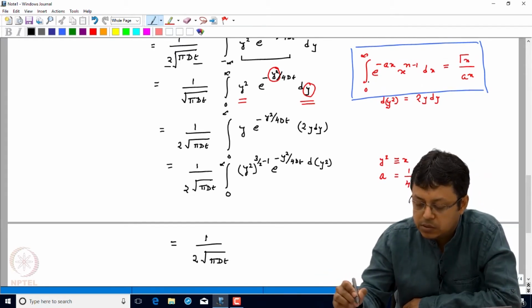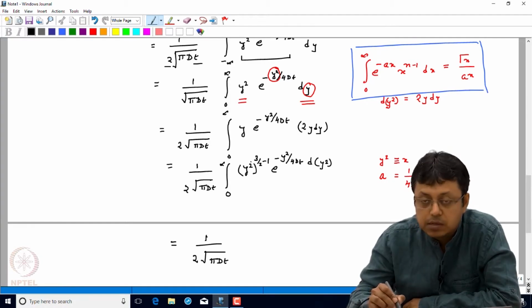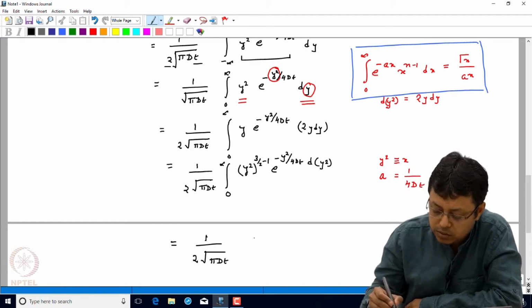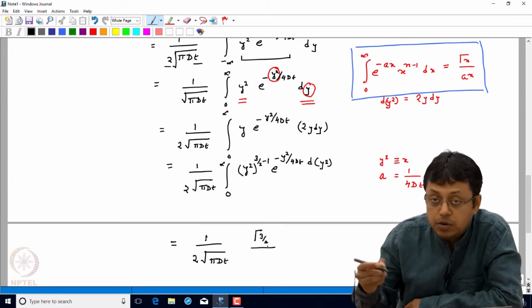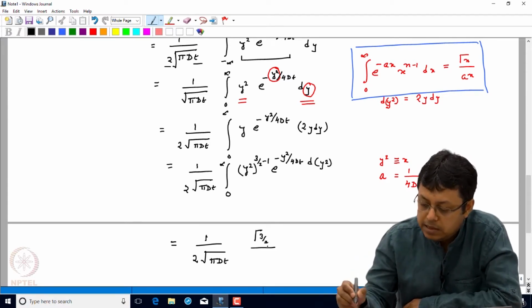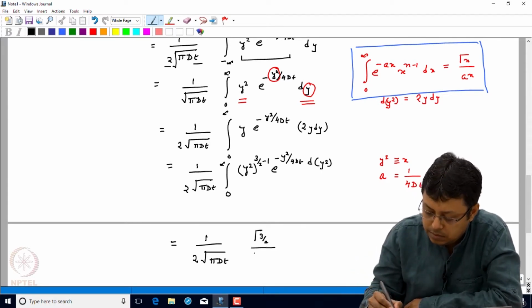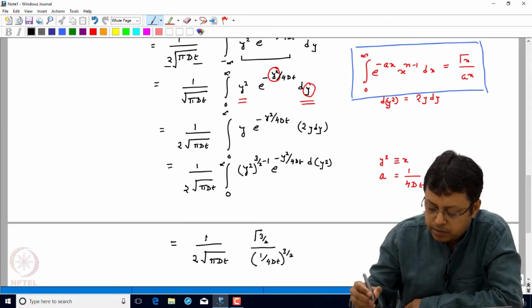So x is just y square, so n minus 1 is 3 by 2 minus 1, so it will be nothing but gamma 3 by 2 divided by a to the power n. Now a is as I said basically 1 over 4 dt, to the power 3 by 2.